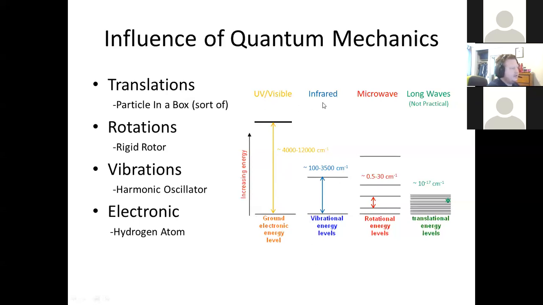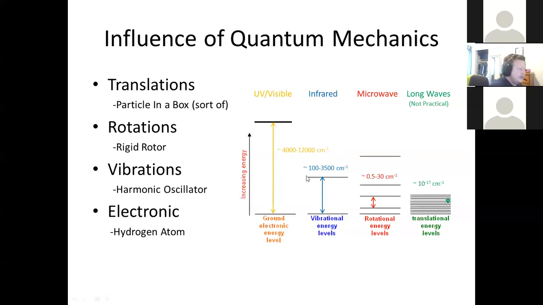So there could be a vibrational level here. So I'm not limited just by this arrow. I could have an arrow going in between. Similarly, there's rotational levels inside of that, which have even smaller gaps, and translational energy levels, this is not even drawn to scale, are much, much, much narrower. And we find that they're so small, in fact, we usually just treat it like a continuum of energy.